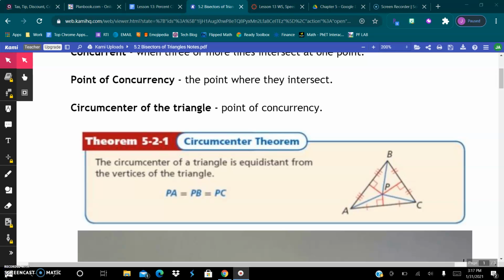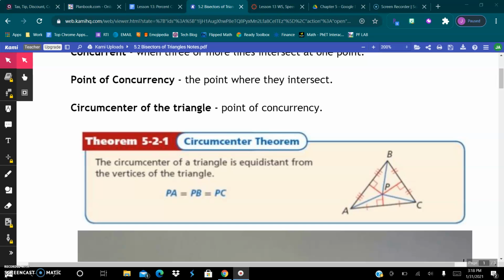Next, we have the circumcenter theorem, which says that the circumcenter of a triangle is equidistant from the vertices of the triangle. So when we find the midpoint of each side of the triangle and draw a line into the middle, the point where those three lines meet is the point of concurrency.